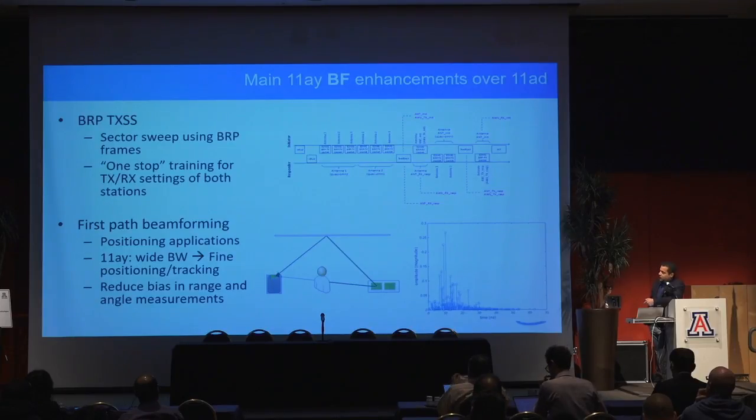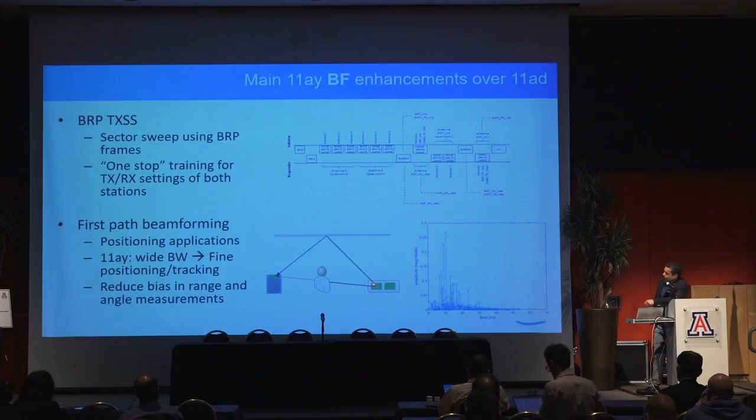And this is really to deal with positioning applications. So in this case here, let me just give you the example. Just imagine that you have a device here transmitting. Here you have the peer device. The example here is trying to show that this reflected path will be the strongest one, okay, if you have some blockage in the middle.